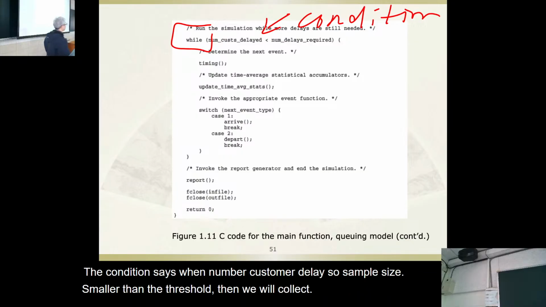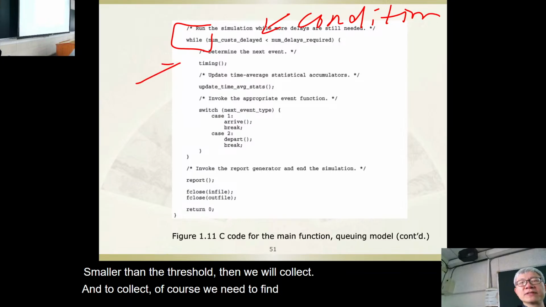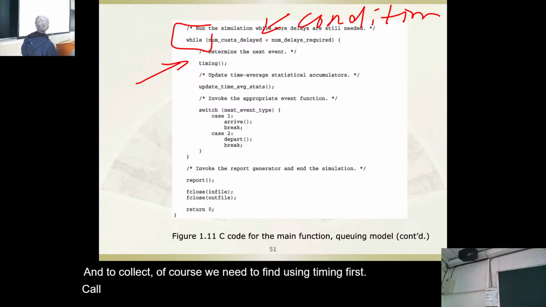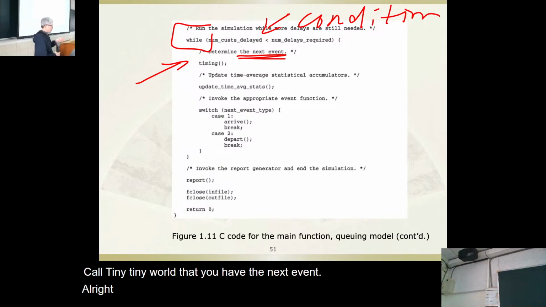And to collect, of course, we need to find it using timing first. Code timing will give us the next event. Alright, so timing says we need to find which time has the next event.